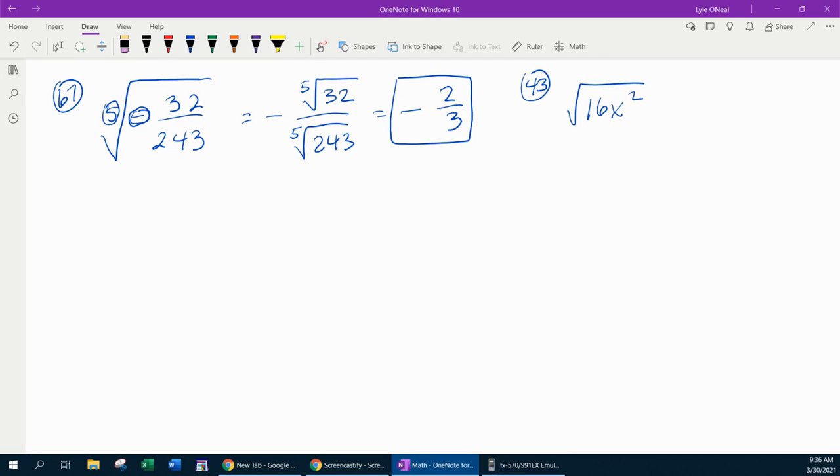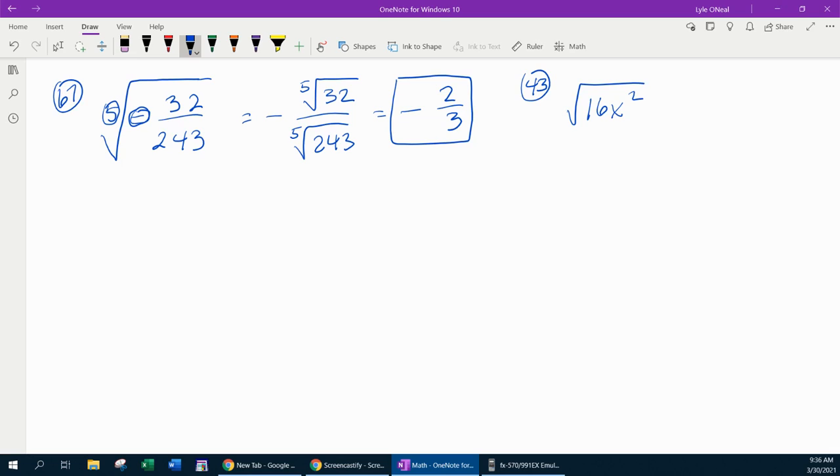Okay, next example, number 43, we have the square root of 16x squared. So this is our first look at an algebraic radical expression. Every other example we've done so far has been strictly numeric. So now we're going to get to see how to deal with variables.